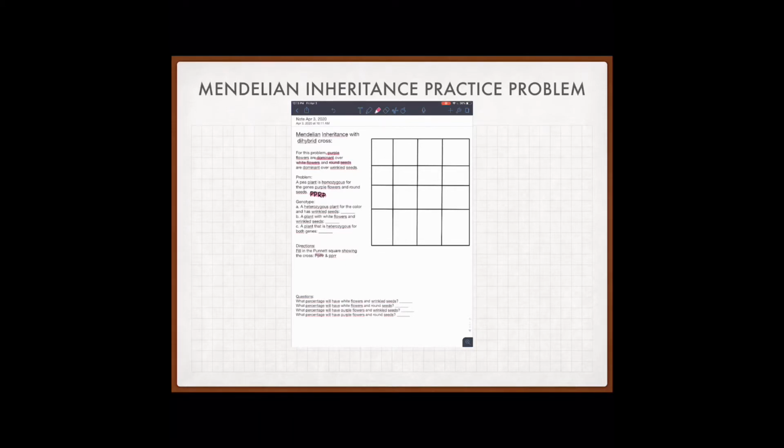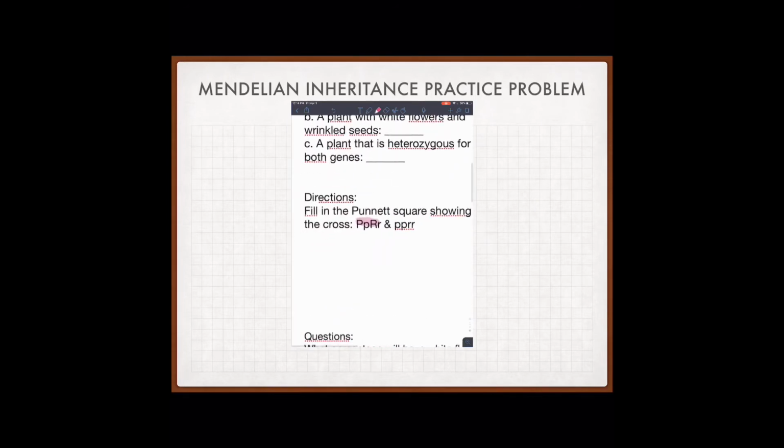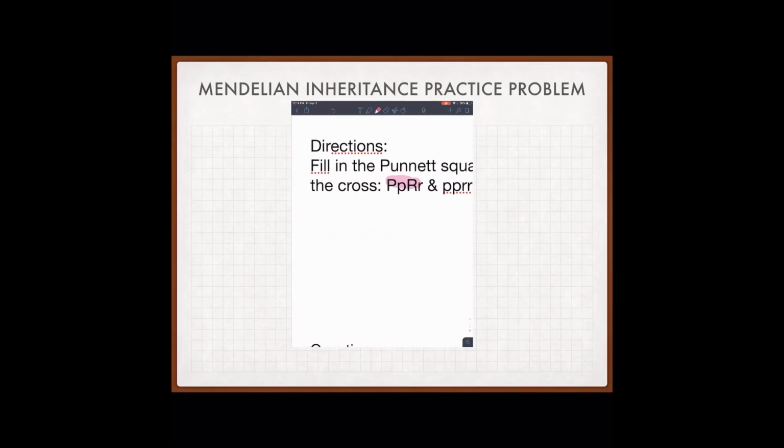We will take the first 2 letters, which will give us a big P, big R. Next, we will take the outer letters, which will give us a big P, little r.